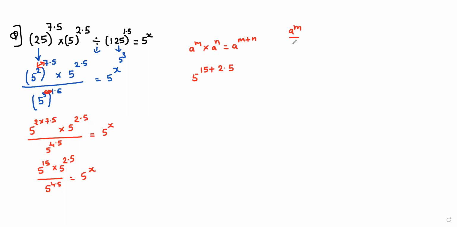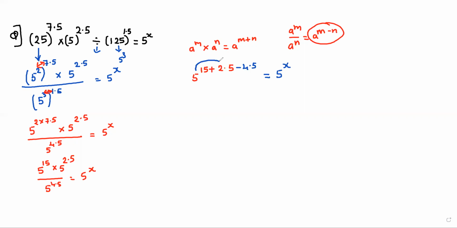And I know another property, a to the power of m divided by a to the power of n is equal to a to the power of m minus n. So here the denominator will become minus, into 5 to the power of minus 4.5. Otherwise, in this step itself, I'm going to take this as minus 4.5, and this whole term is equal to 5 to the power of x.